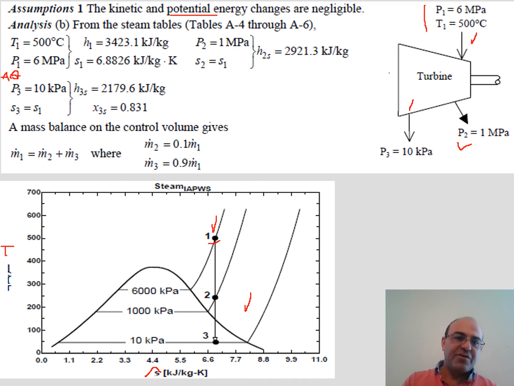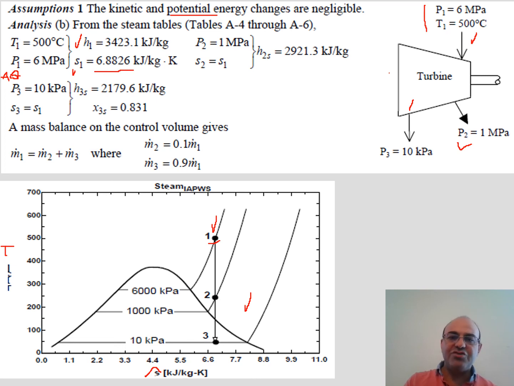At 500 degrees C and 6 megapascals, we use the steam table. We read H1. We also write down S1 because we're going to use it. It's an isentropic process, so entropy does not change from process 1 to 2 and then to 3, or at least this is the assumption we make for now. S1 is read from the table.